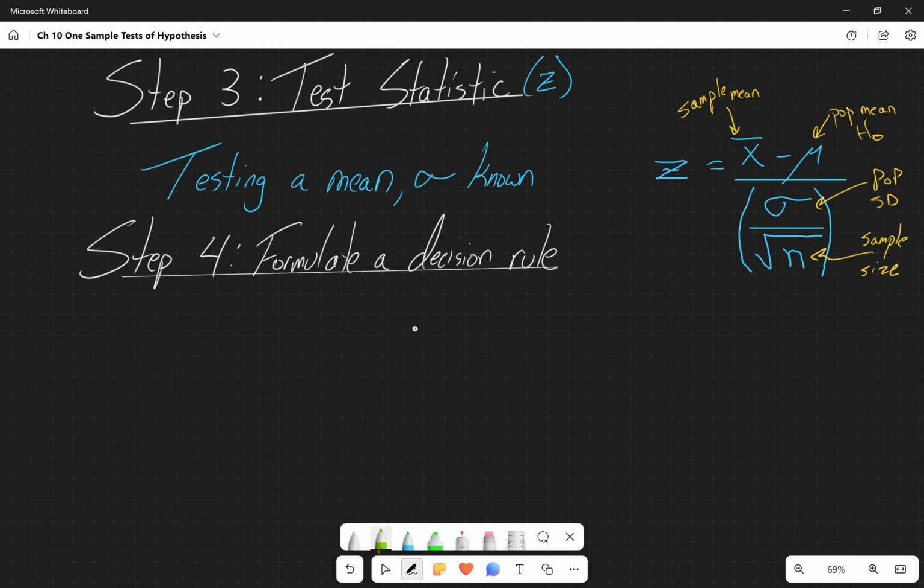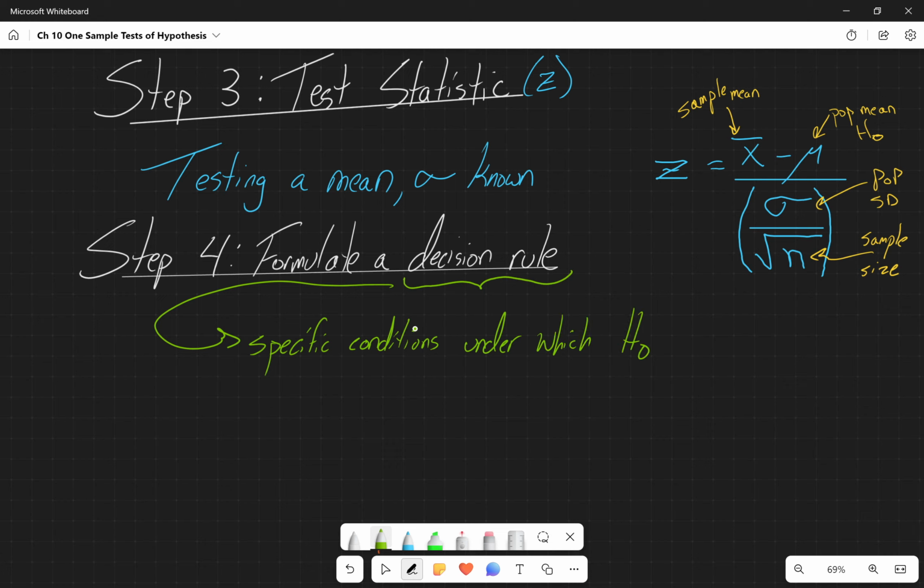This decision rule here is a statement of specific conditions under which the null hypothesis is rejected and the conditions under which the null hypothesis is not rejected.